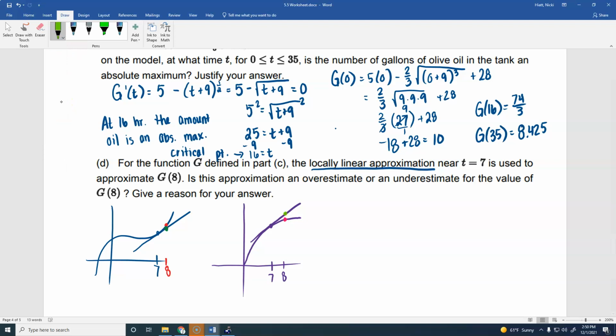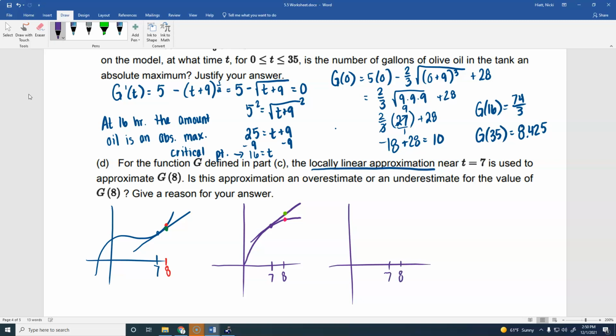Right here would be your approximation, so you'd have an overestimate. Right, so the actual value for 8 would be on the curve. The estimate you would get from the tangent line would be above.